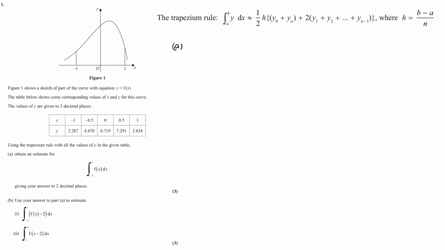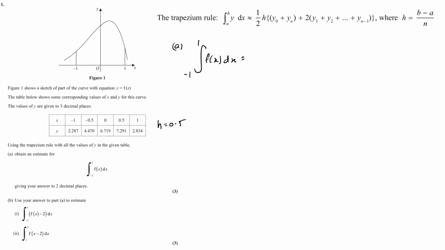So here we are looking at our f of x. We're integrating it between 1 and minus 1. Okay, so that is our f of x there. Now, if you look at your table, it's going up in halves, 0.5, so we know h equals 0.5 from that table.